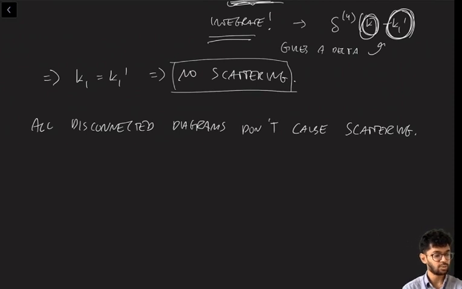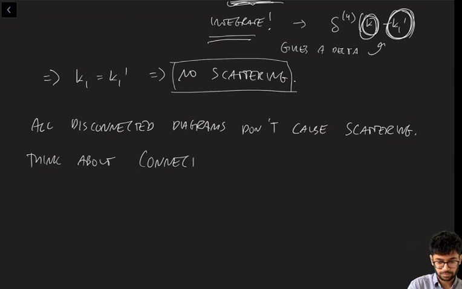So what that means is we should think only about the connected diagrams. So that's what we're going to think about from now on. We're going to focus on the connected diagrams.